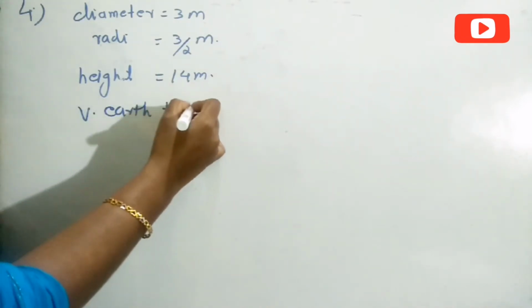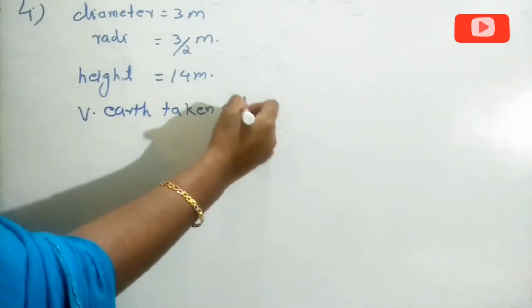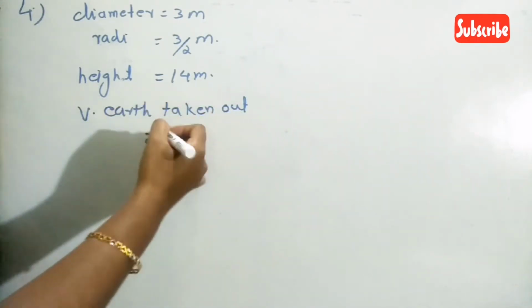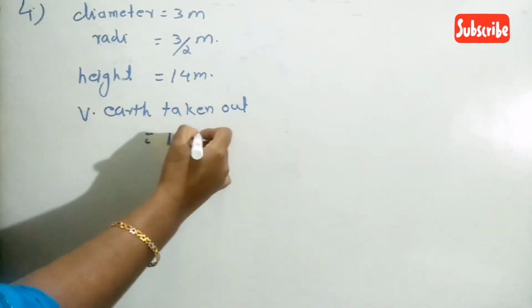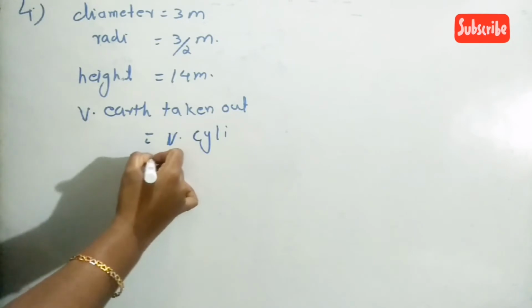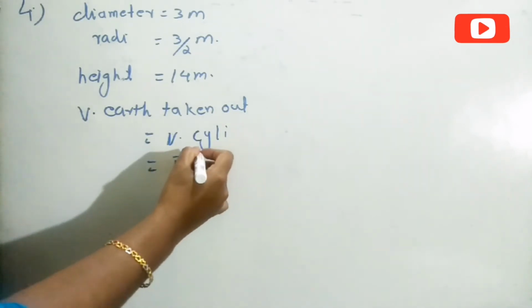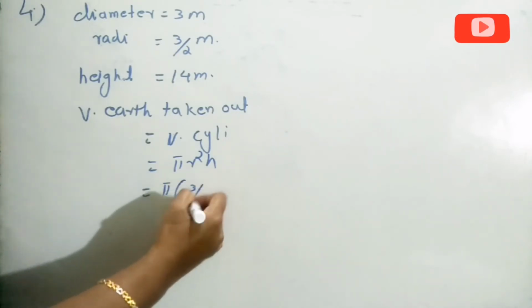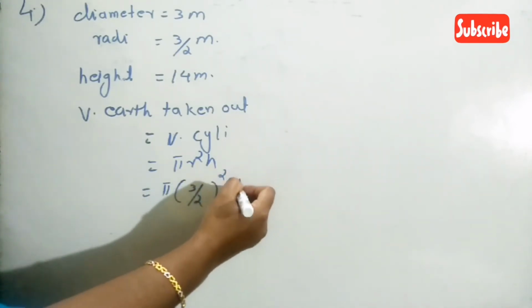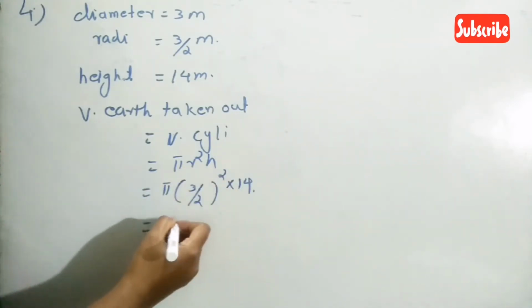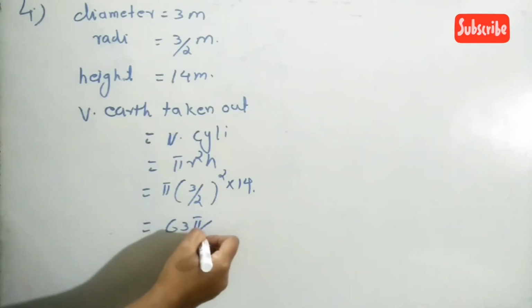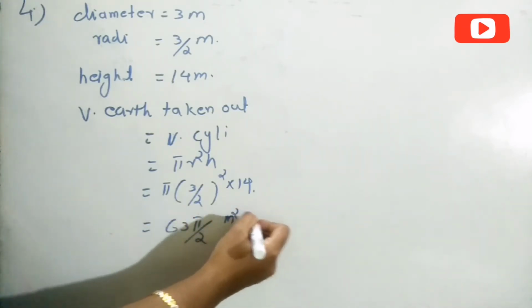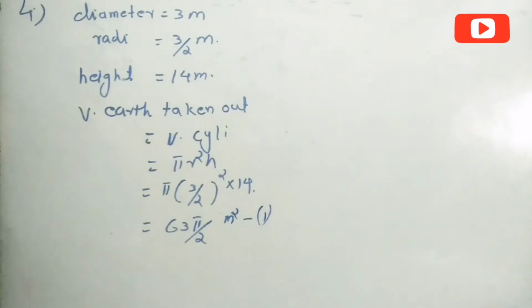Volume of the cylinder is equal to pi r square h. This is equal to pi into (3 by 2) all square into 14, and we get 63 pi by 2 meter square. Put it as equation number 1.